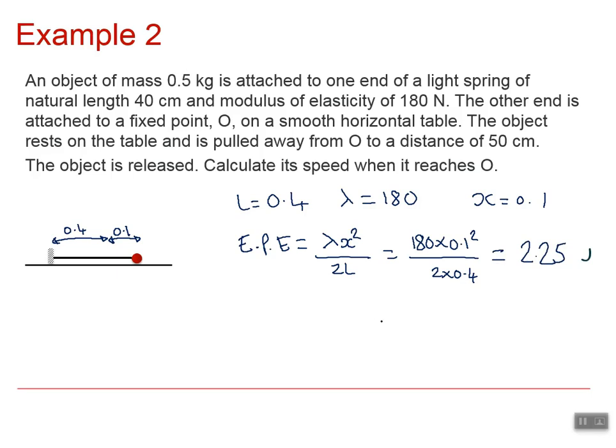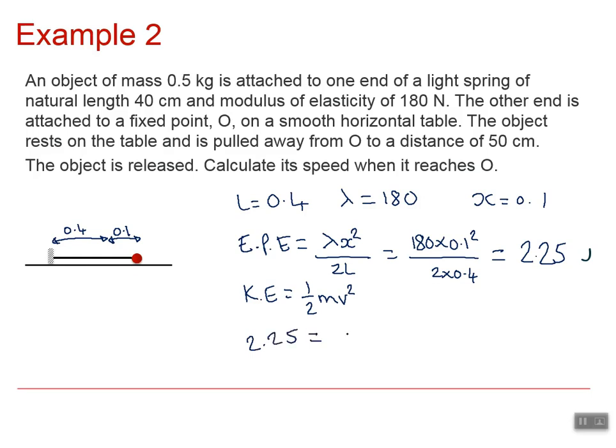Now, we know from conservation of energy that our final energy must be equal to our initial energy, and this elastic potential energy, once we let go of the object, is going to be converted into kinetic energy. So we know that kinetic energy is a half mv squared, and we're going to have all of this elastic potential energy being converted into kinetic energy because we've got a smooth table.